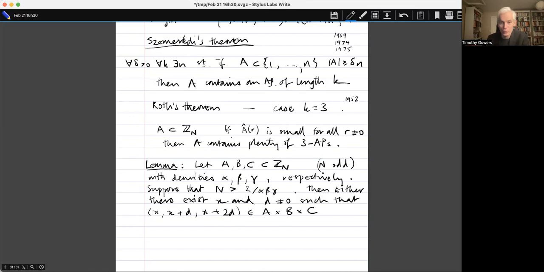And by the way, if you've got 3 dense sets A, B, and C, you can quite easily come up with examples where this does not happen. Say A and B were a little interval over here, and C was an interval over here. You wouldn't be able to find an arithmetic progression of length 3 with the first 2 things in there and the third one in there. But with the extra hypothesis that we're about to impose, it turns out that you can.